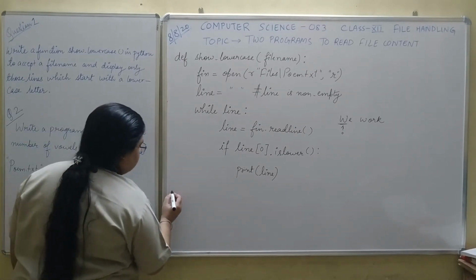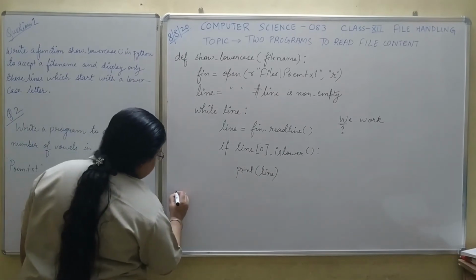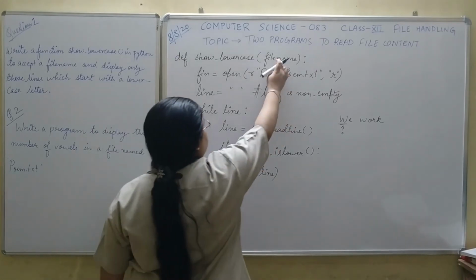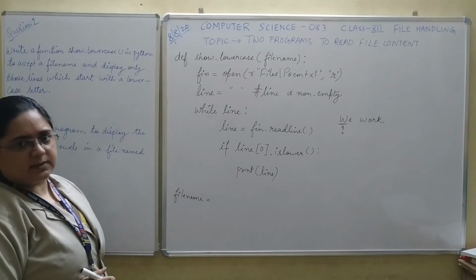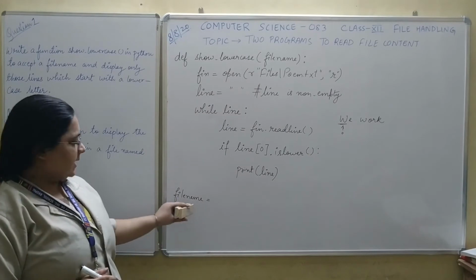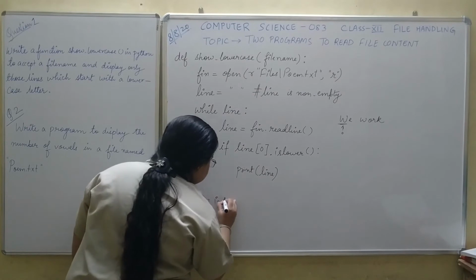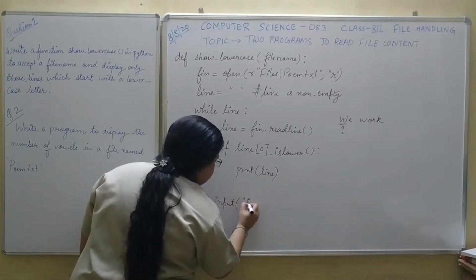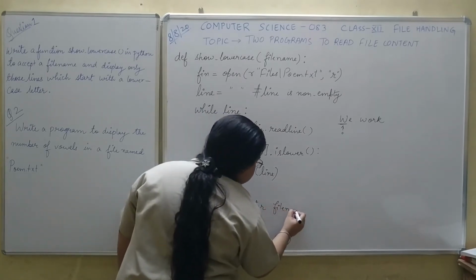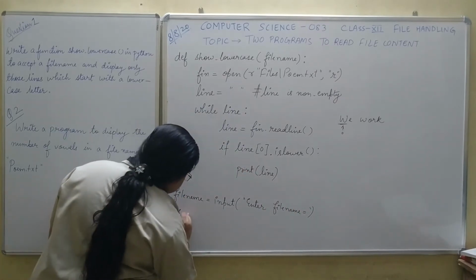Now we come back over here and we will be providing the file name to the program. Now this file name and this file name, they are two different objects, because we know that strings are string objects and strings are immutable. Hence this is a different object, that is a different object. Enter file name. And we will call the function.